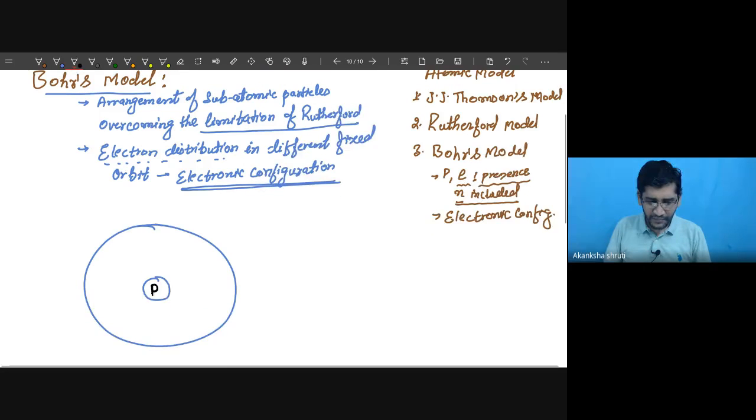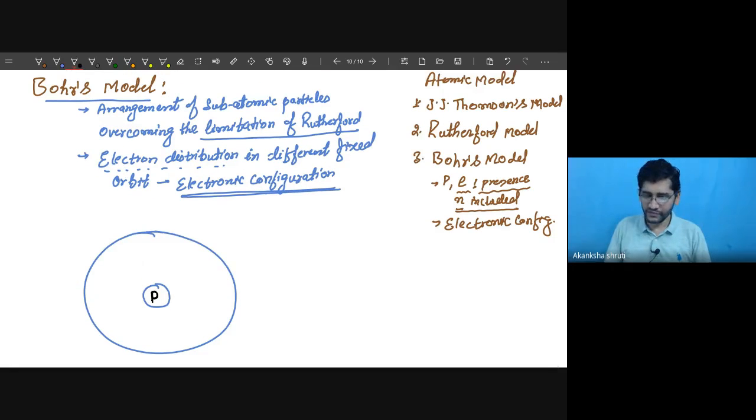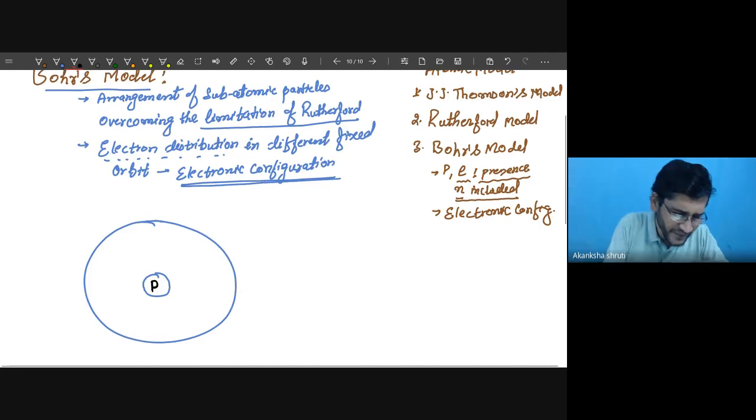Students, till Bohr, which was in 1920 or 22, inside the nucleus only proton was considered, but in 1932 another subatomic particle present in the nucleus was discovered, that was neutron. So this nucleus remains unchanged, but just one more particle was discovered.